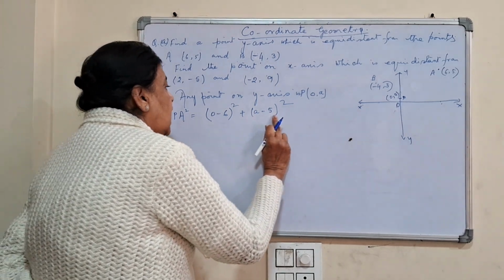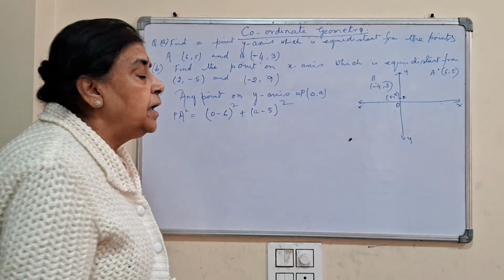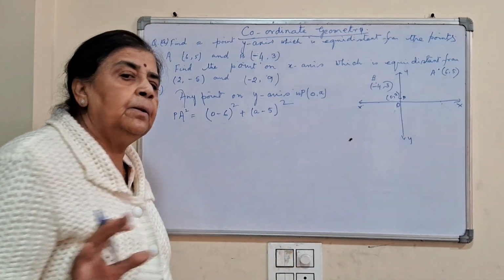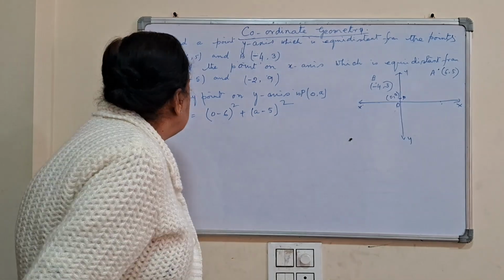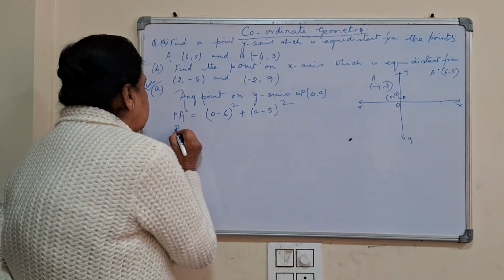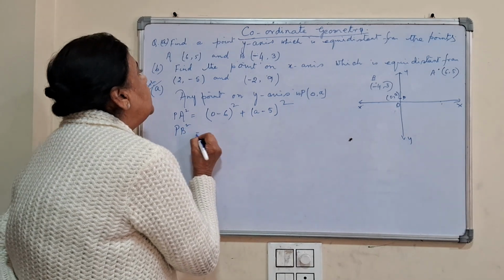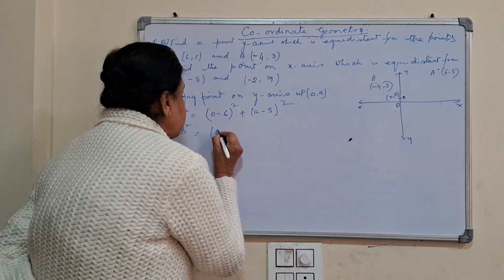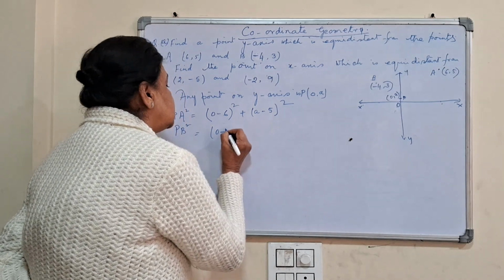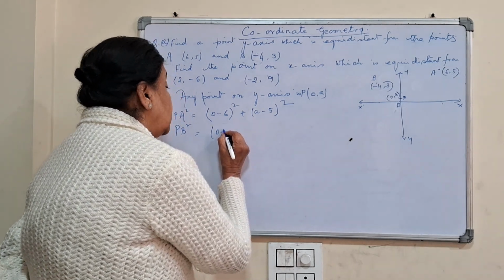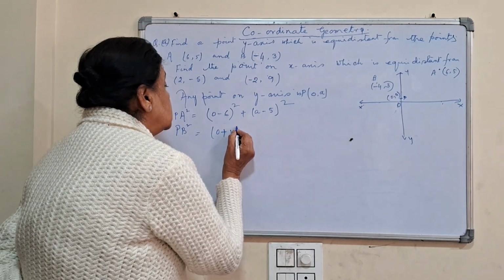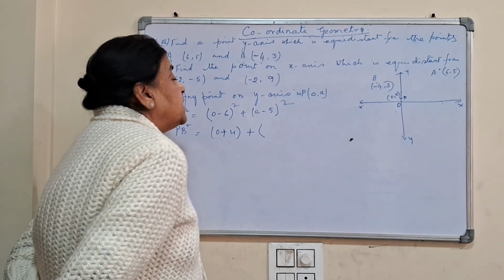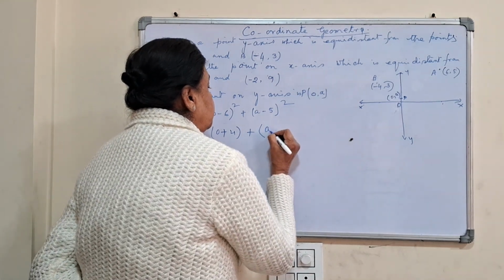I will not take the square root of it, because it makes the calculation harder. Now, what is PB square? P is (0, a) and B is (-4, 3), so PB square is (0 plus 4) whole square plus (a minus 3) whole square.